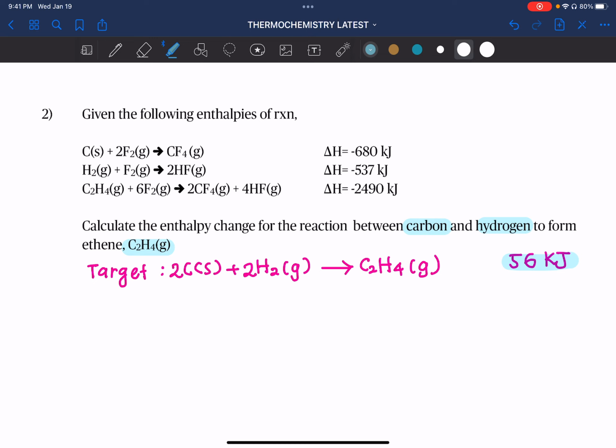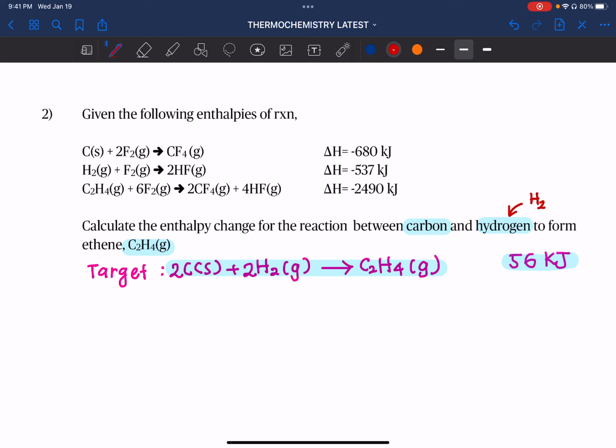So, daripada ayat tu, you buat equation. Jangan pula bila dia sebut kat sini kan dia sebut hydrogen je. Ini bukan bermaksud hydrogen atom now. Ini bermaksud hydrogen gas.